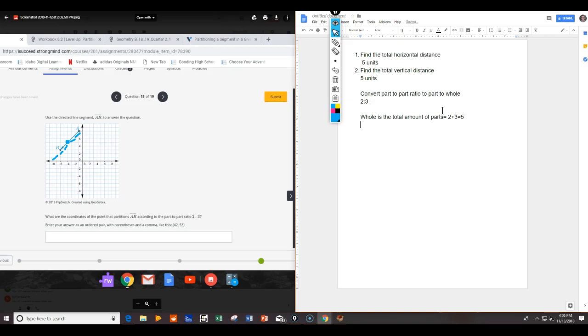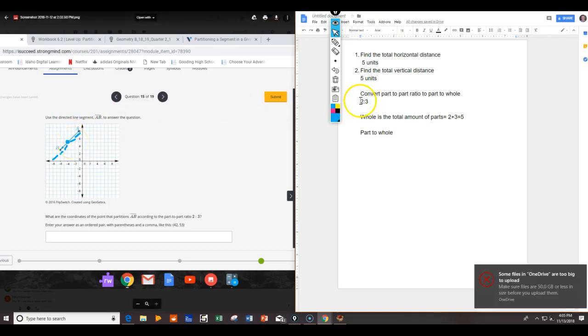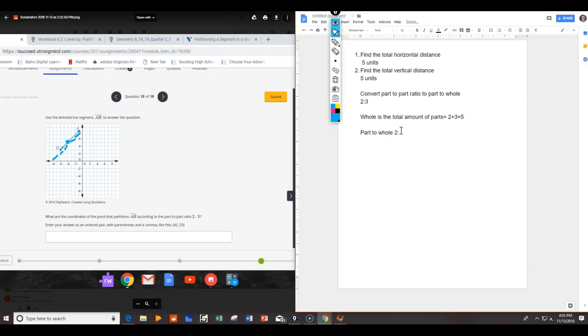So when we convert this to a part to whole, since we are starting as a directed line segment from A, we know there's 2 units from A. So we have 2 units from A compared to 5 total units in this whole line segment that they want us to cut up.